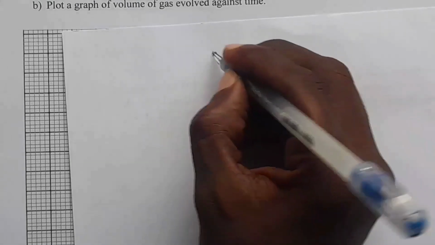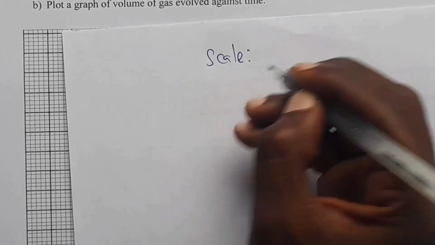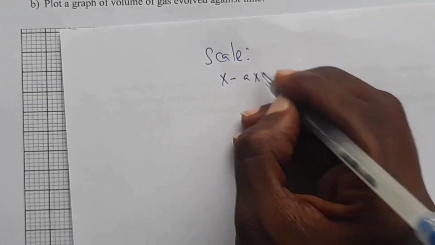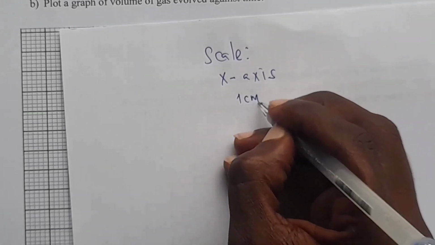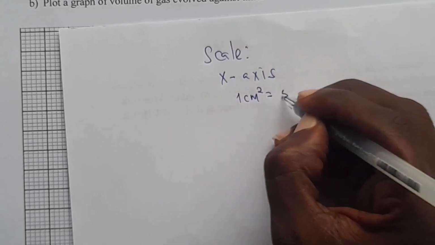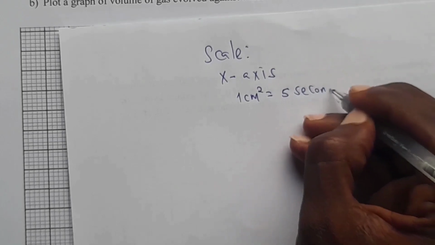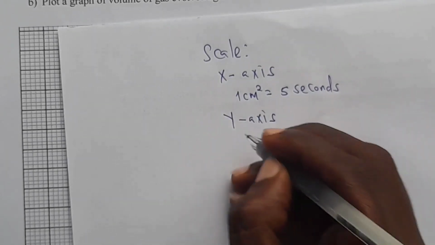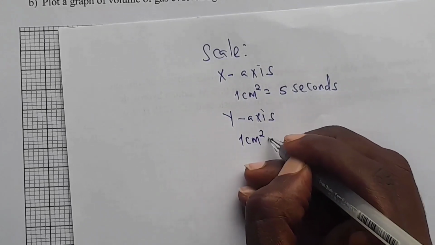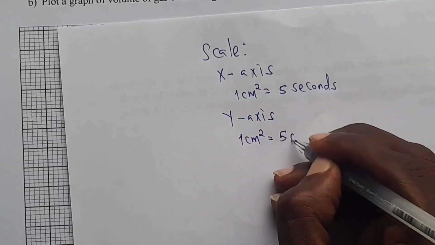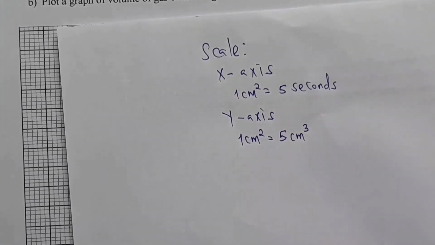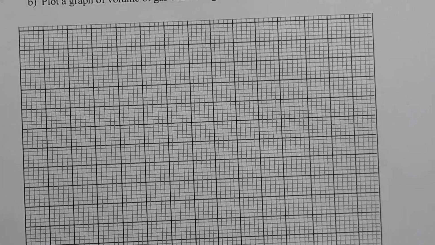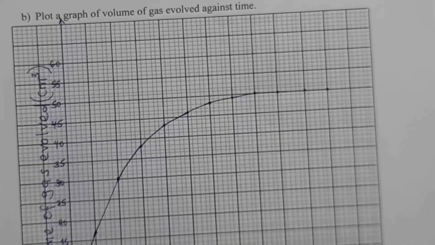On the x-axis, I've used 1 centimeter square to represent 5 seconds. On the y-axis, I've used a scale of 1 centimeter square to represent 5 cm³ of volume. And this is how the graph looks.